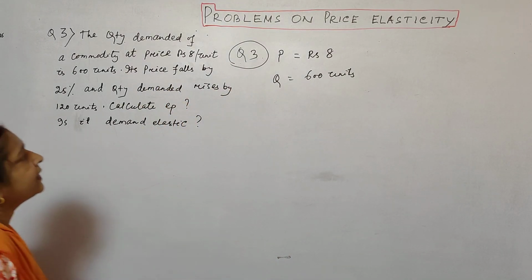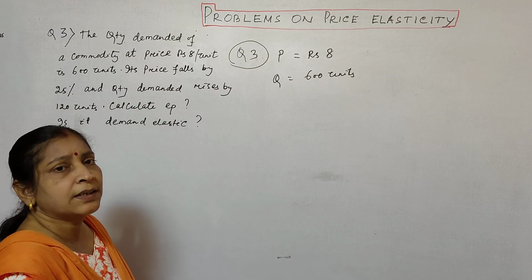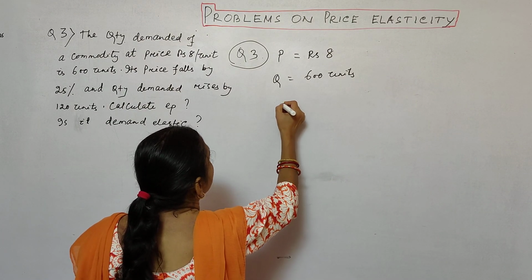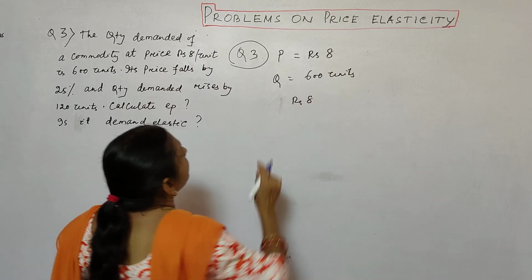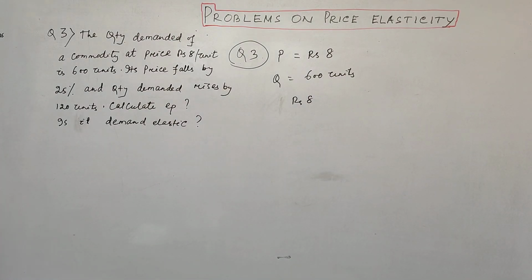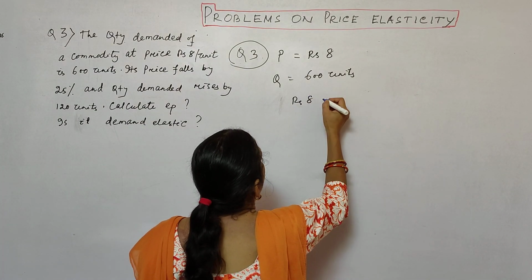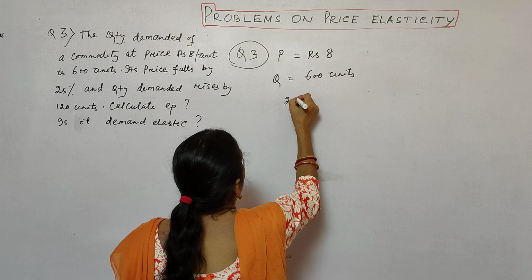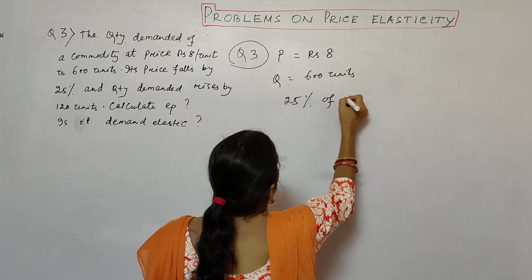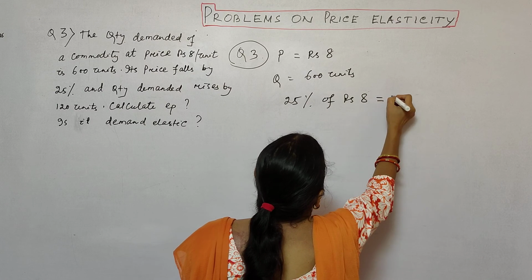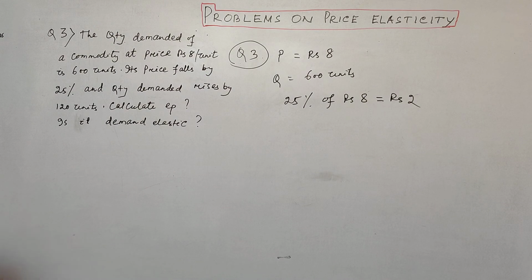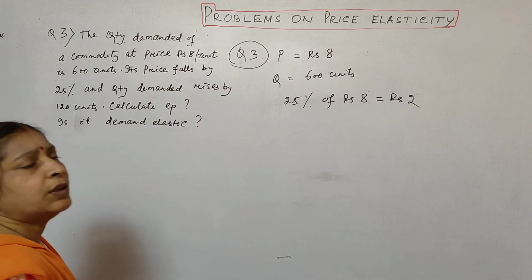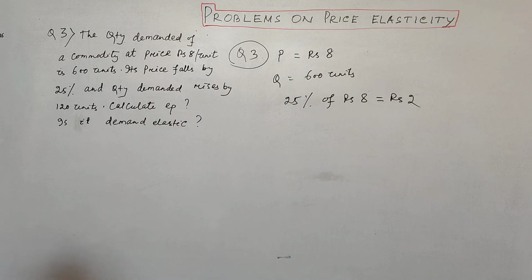25% falls. The initial price fell by 25%. So the initial price is rupees 8, and 25% of rupees 8 comes to rupees 2. 8 into 25 by 100 comes to rupees 2.